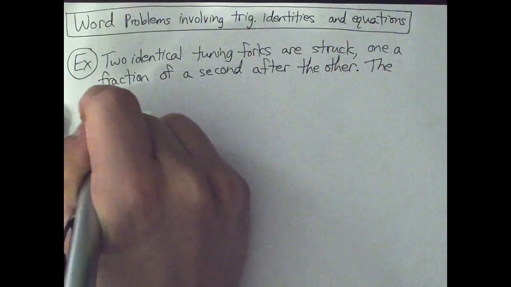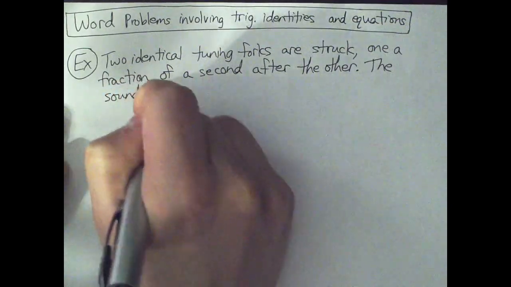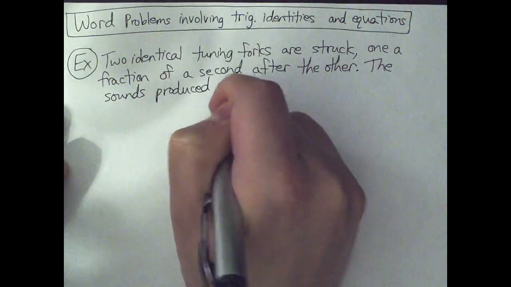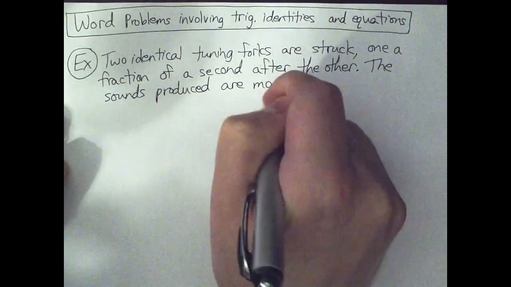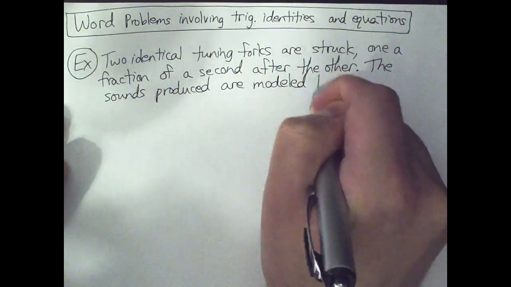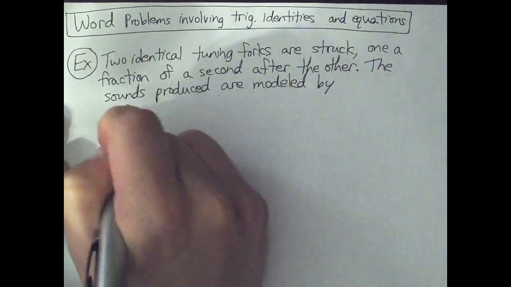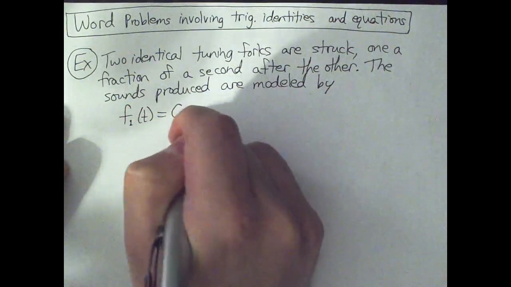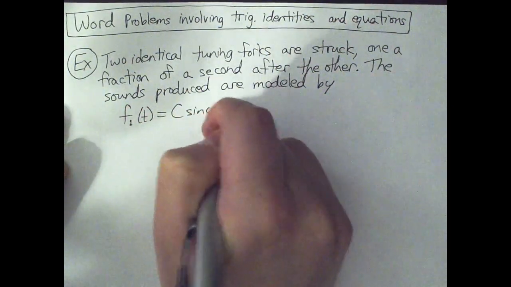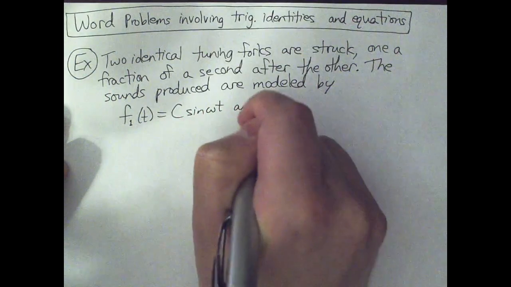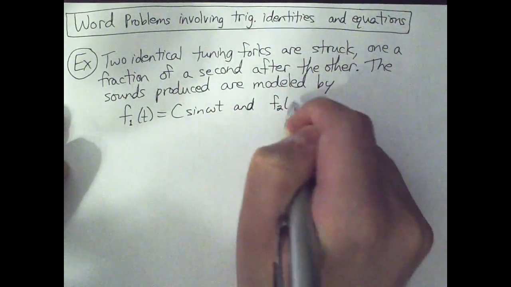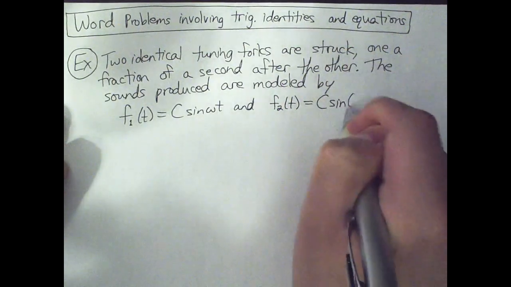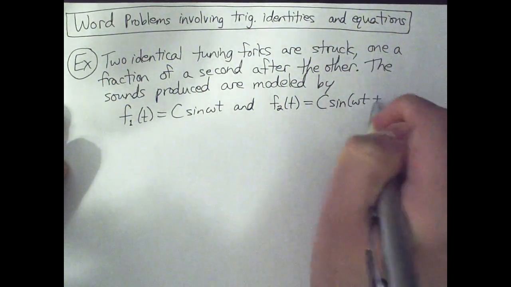The sounds produced are modeled by f1 of t equals c sine omega t, and f2 of t equals c sine omega t plus alpha.